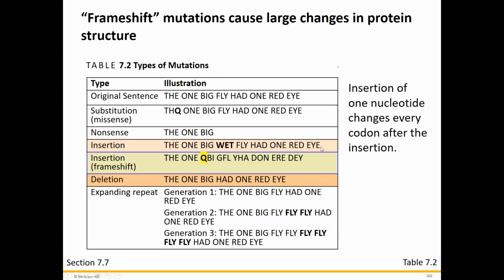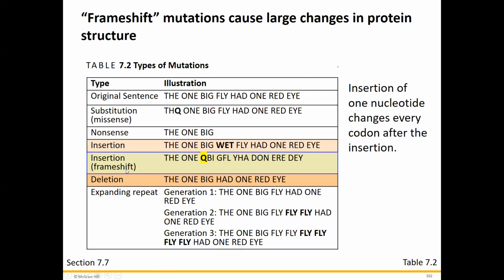Fly had 1 red eye, still is perfectly fine, and you would get the same amino acids. The 1 big, you'd have the same amino acids. The wet would insert an entirely new amino acid, and how that would impact the final polypeptide is not as devastating as losing your reading frame.